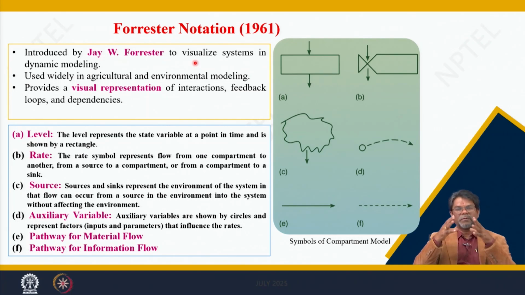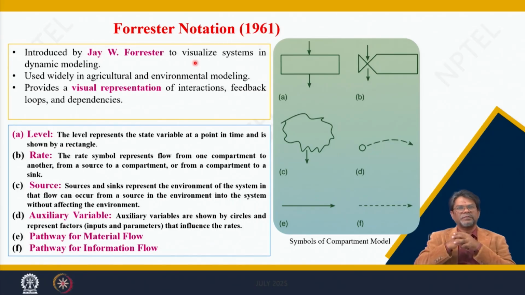Looking at the flow chart gives a better understanding of the interactions between the components in the model, and gives the feedback loops and dependencies, how the cause and effect relationship works, what variables depend upon what factors influencing them.